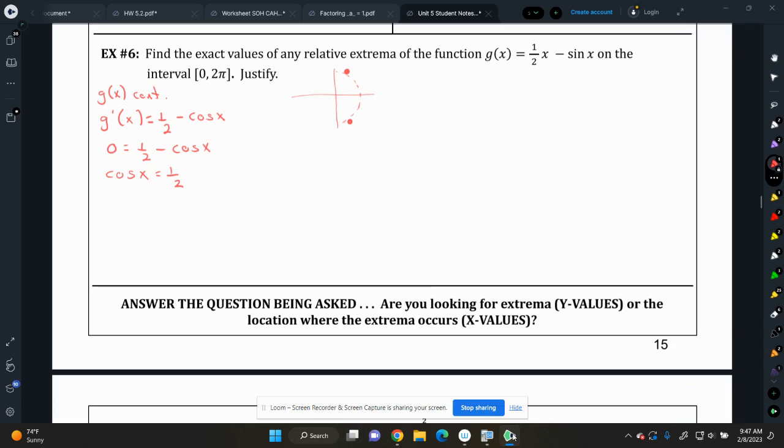Now, I know that radians is always a struggle. If you have to figure it out in degrees and then convert it to radians, do that. But we have to show our work in radians because it's stated in radians. So this is 60 degrees, and 60 degrees is pi over 3.